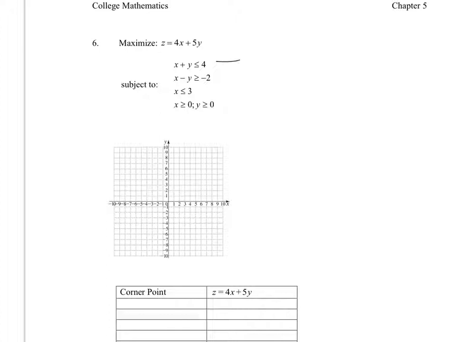Now, this is pretty easy to find our intercepts. If I put in 0 for x, I'm going to get 4 for y. If I put in 0 for y, I'm going to get 4 for x. So 0, 4 is right here. 4, 0 is right here.